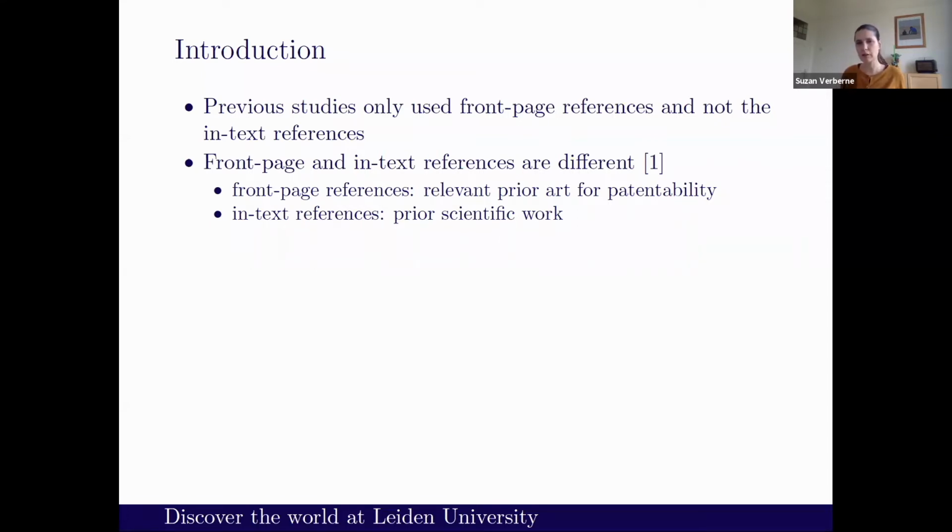And it has been found that these in-text references actually serve a different purpose than the front page references, where the front page references are mainly meant to argue for the patentability of the invention, to show that it is really new. Are the in-text references more related to the underlying science, so to motivate the methodology? A bit related to how it is done in academic papers.